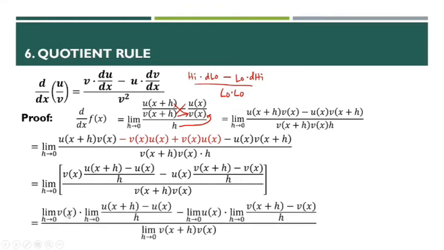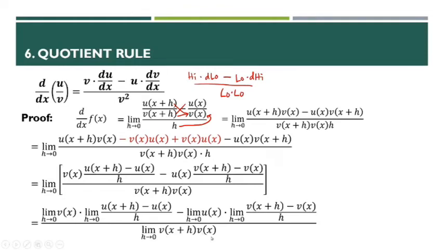So taking the limits of each term and factor, so we have limit of v of x times the limit of the difference quotient of the function u, minus the limit of u of x times the limit of the difference quotient ng function v, all over the limit of v of x plus h times v of x.